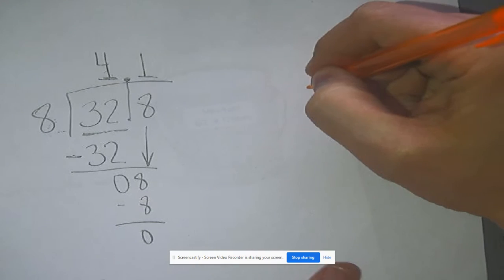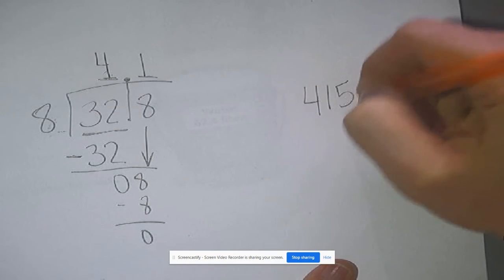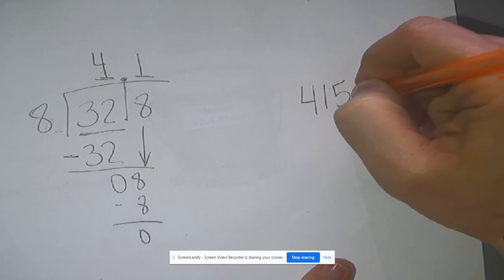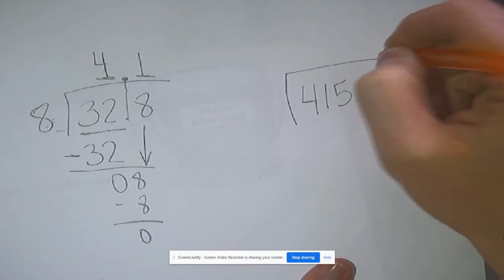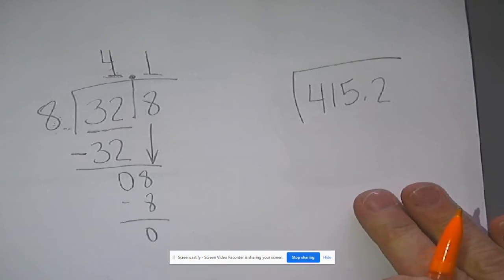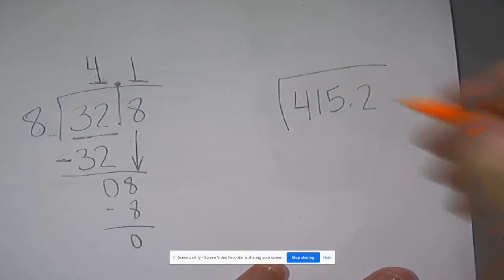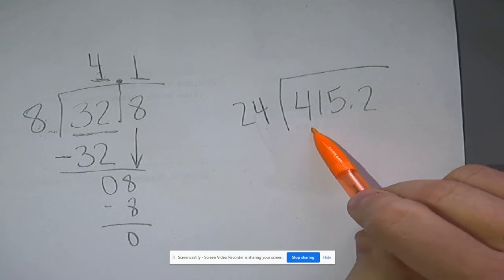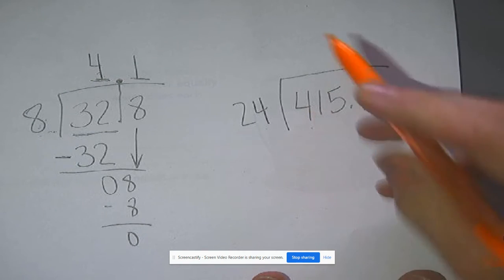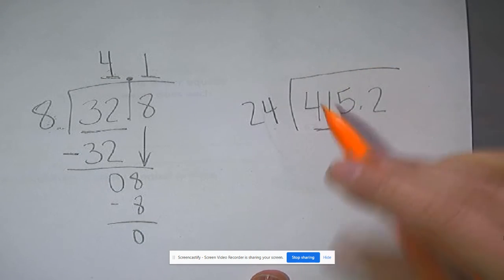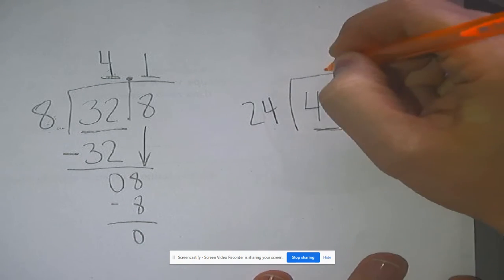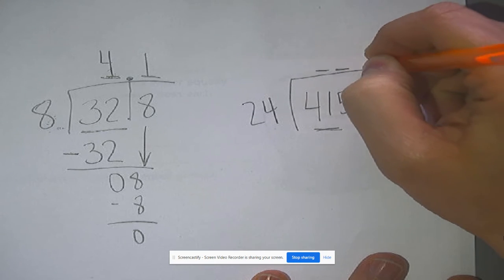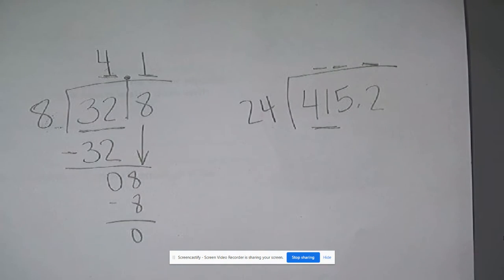Let's do one more together and then we'll get to your assignment because I don't think you need a whole lot more. So 415 and 2/10 divided by 24. Okay. Knock, knock, knock. Is dad scared? Yes, he is. So he goes and gets mom. Are they scared? Nope, they're now bigger. So we're going to have 1, 2, 3 digits in our quotient.